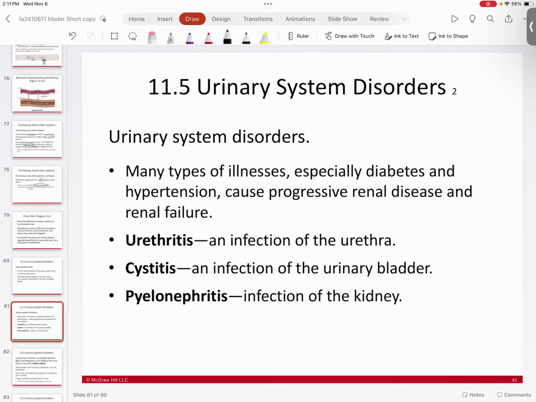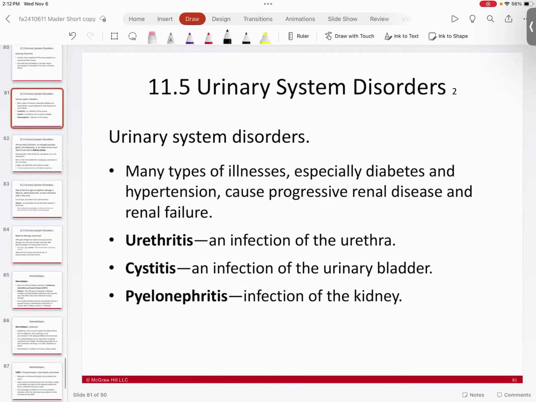And so having different types of urinary system disorders typically will cause a lot of problems. For instance, there's a lot of different types of disorders you can see, anything from mild things like hypertension to complete failure. But you never want a kidney system that's not functional. You want it to be functioning well and properly.